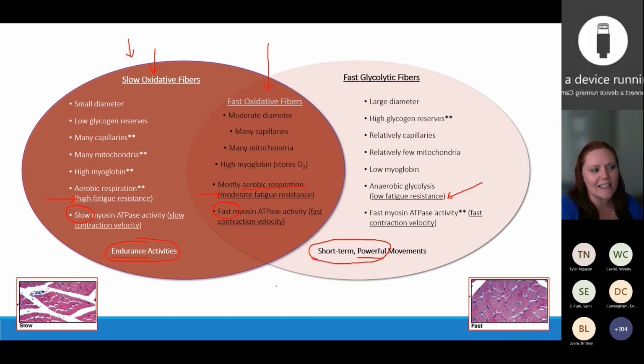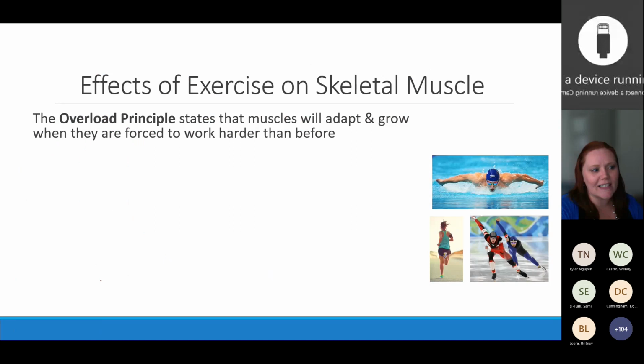The last couple of things I want to mention with this chapter are the effects of certain things on your muscle. We have something called the overload principle. The overload principle basically says the harder you make a muscle work, the more it's going to adapt to that.